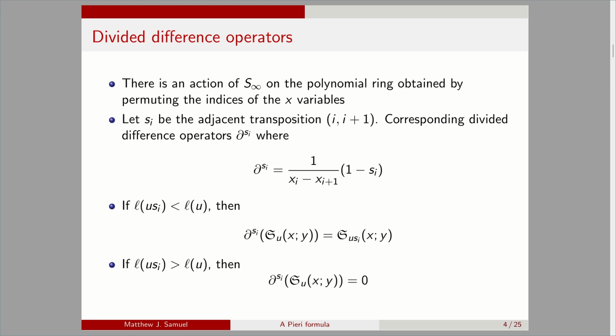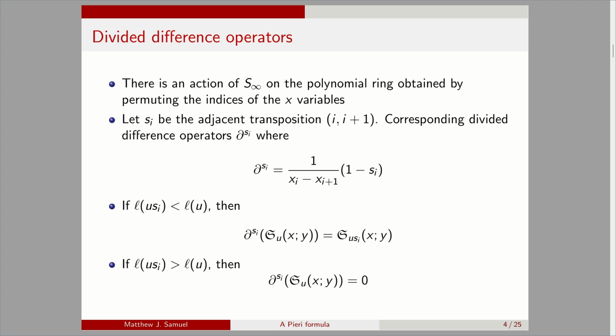So I'm going to talk about divided difference operators. There is an action of S infinity on the polynomial ring obtained by permuting the indices of the x variables. We've already defined s_i to be the adjacent transposition. We can define a divided difference operator in terms of this adjacent transposition.